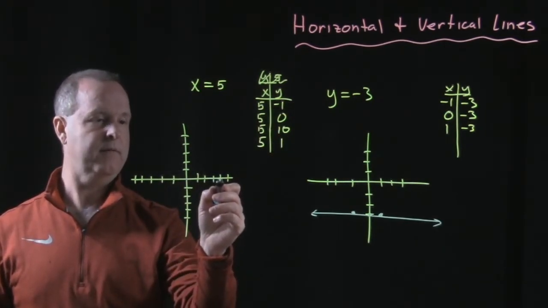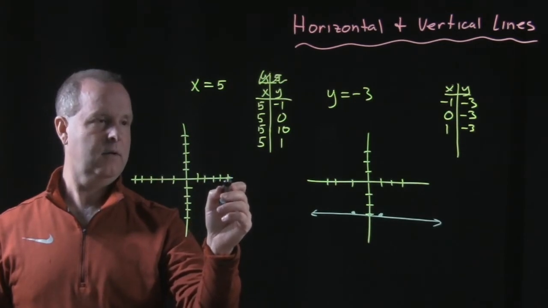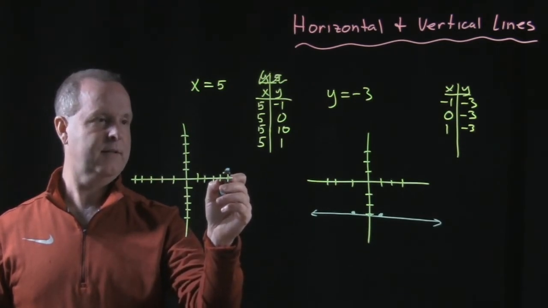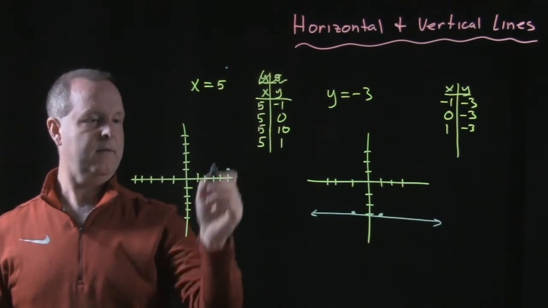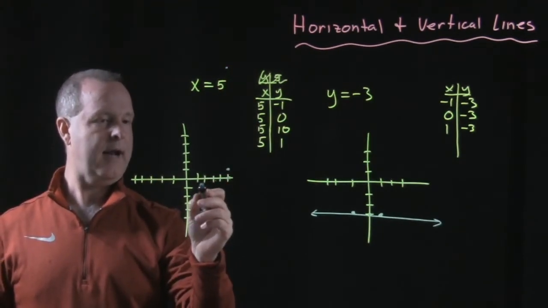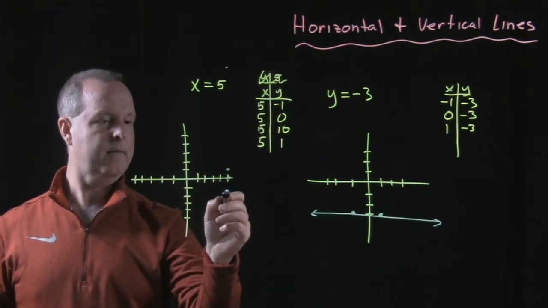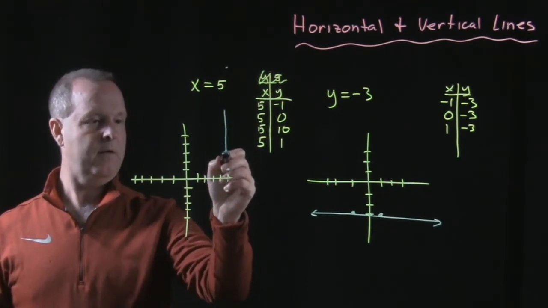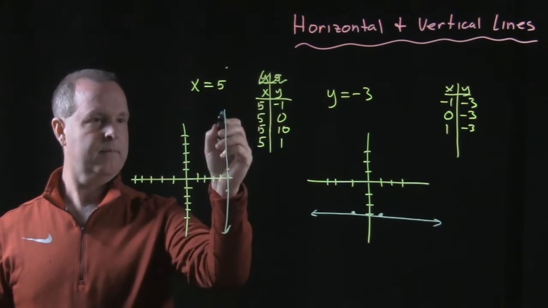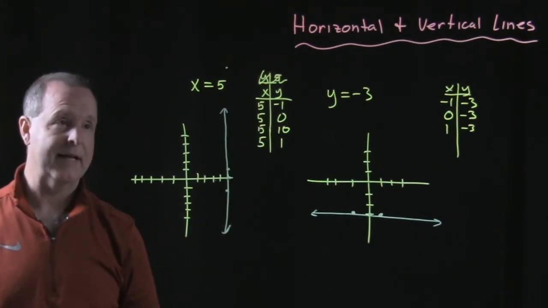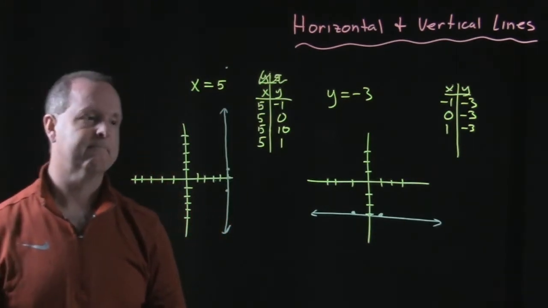So here's the point 0 and 5, 1 and 5, 10 and 5 is way up here, and over at 5 and -1. All those show on a vertical line, and that's the line x equals 5.